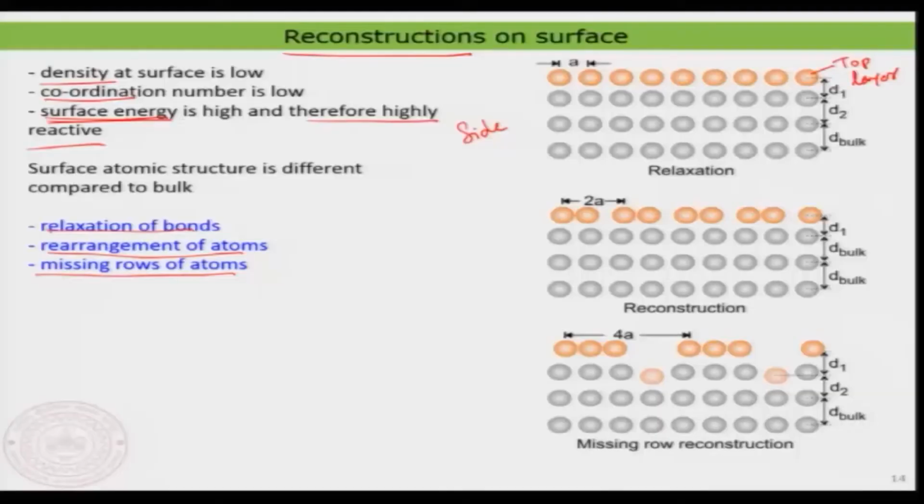So, that means the distance between the top layer and the second layer is always lower compared to the bulk. This is the simple relaxation of the atoms within the surface. So, this is the first thing it does, or the atoms can be slightly rearranged, and that is exactly what you are seeing here.